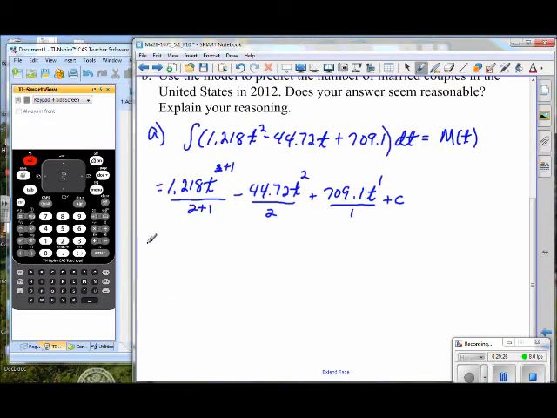So we end up with the function m of t equals, we're going to divide 1.218 by 3, and that is going to give us 0.406 t cubed. We need to divide by 2, so this will be 22.36 t squared, plus 709 t plus c.